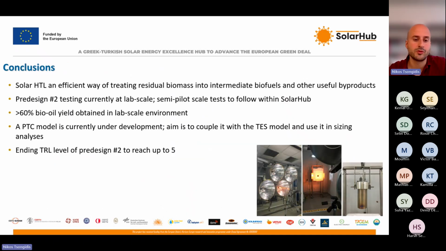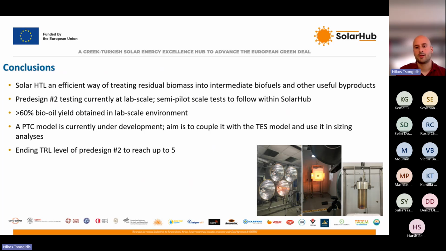So some of the main conclusions that can be obtained so far through the application that we've been developing: we can see that solar hydrothermal liquefaction is indeed an efficient way of treating residual biomass. The idea is that we obtain an intermediate biofuel, which is our main product in this case.